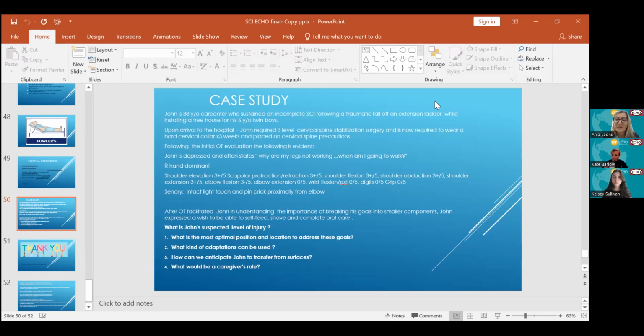What kind of adaptations can we use with John? How can we anticipate John to transfer from surface to surface? How is he going to get out of bed to the wheelchair or to the commode? And what would be the caregiver's role based on the level of suspected injury that you think John has sustained?